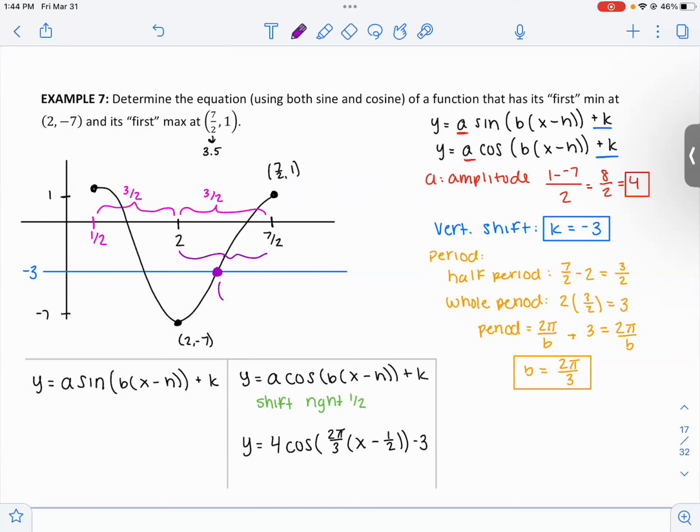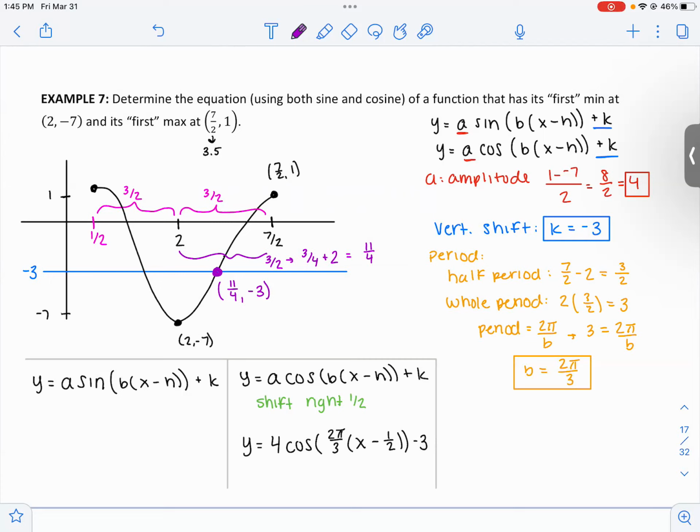So we can do that little bit of math to figure it out. We were told earlier that that distance is 3/2. So if I want half of that, that would be 3/4. And then we just need to figure out what 3/4 plus 2 is, and that will give us that x value. Going to be 11/4. So 11/4 comma -3.